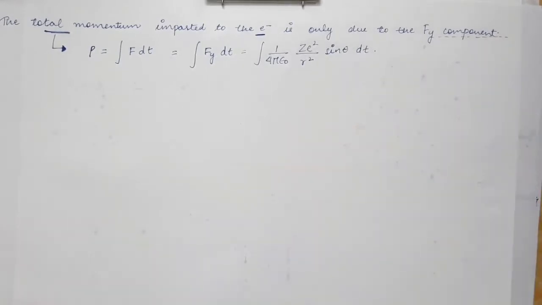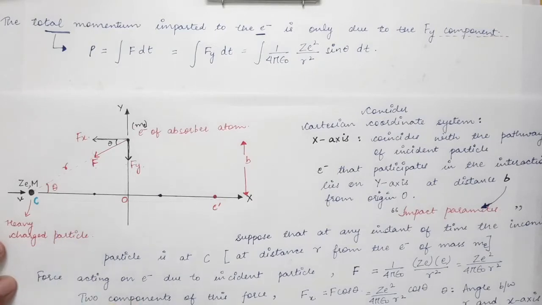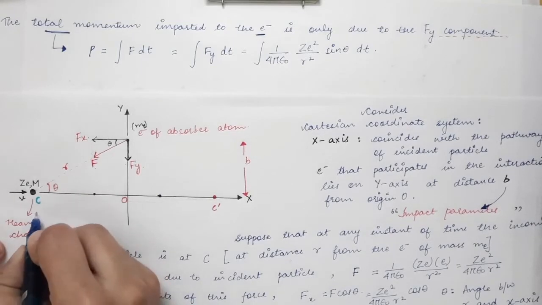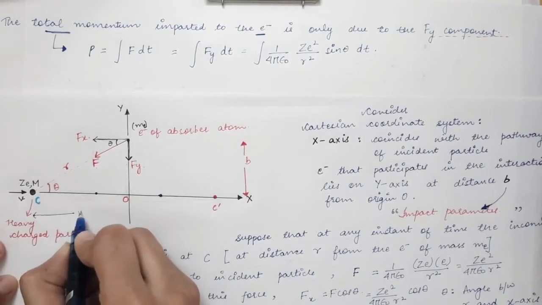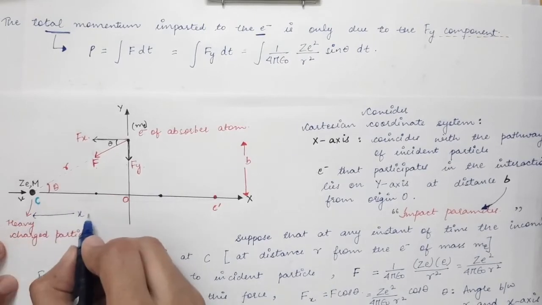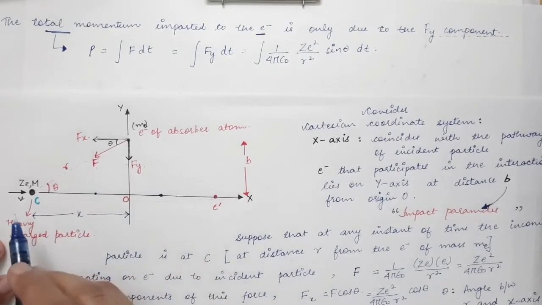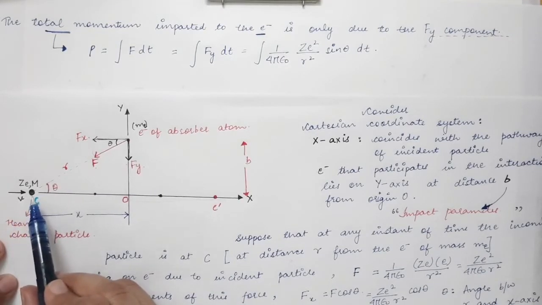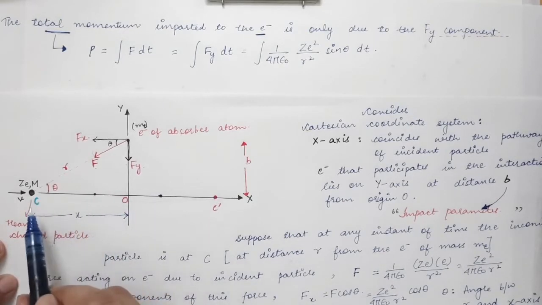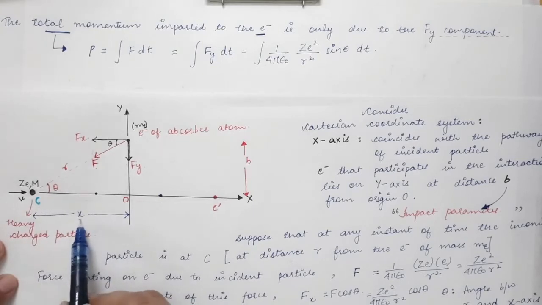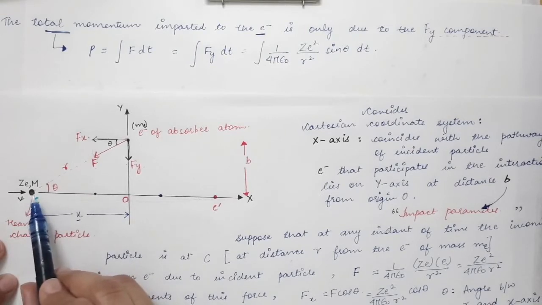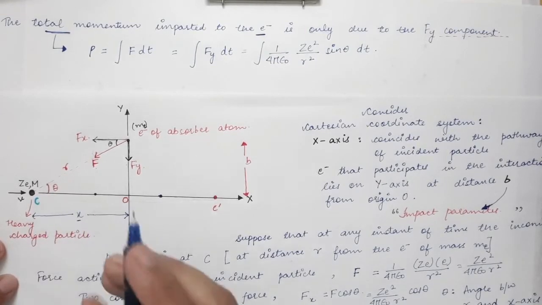Now in the previous diagram, when the charged particle is at point C, we consider that the distance of the heavy charged particle from the origin is x, and since it is moving with velocity v, we also consider that it takes time t to travel this distance from C to O. So this is the distance OC, which is equal to x, and the heavy charged particle is moving with the velocity v, and the time taken to travel this distance x is equal to t.